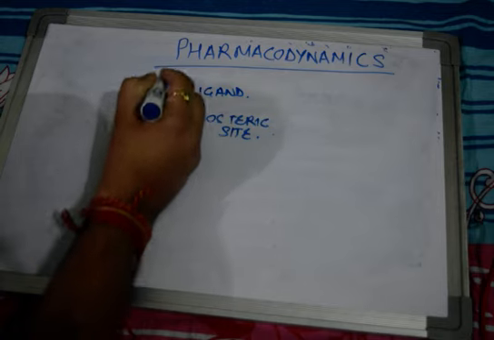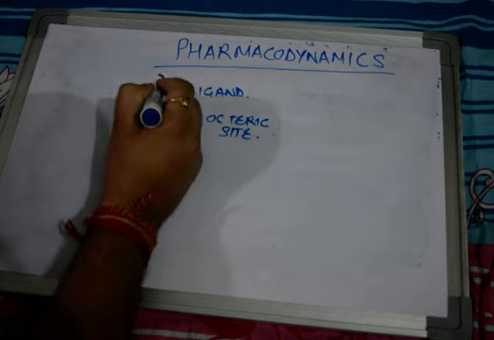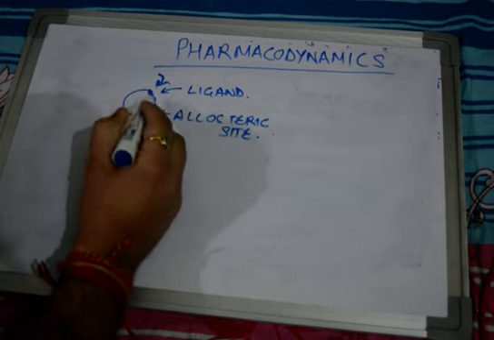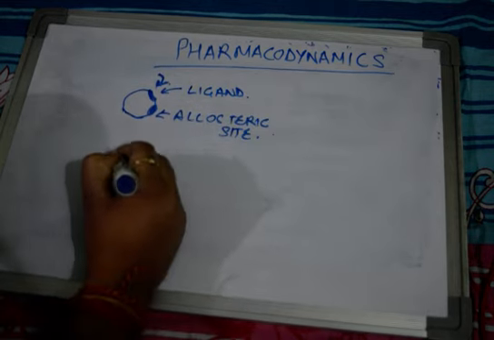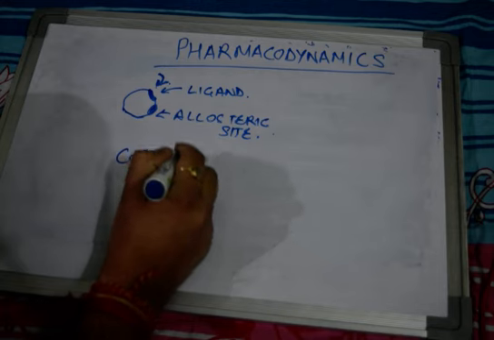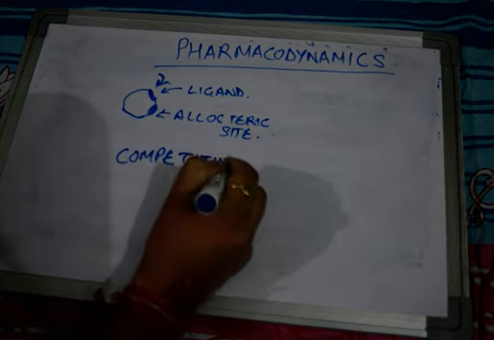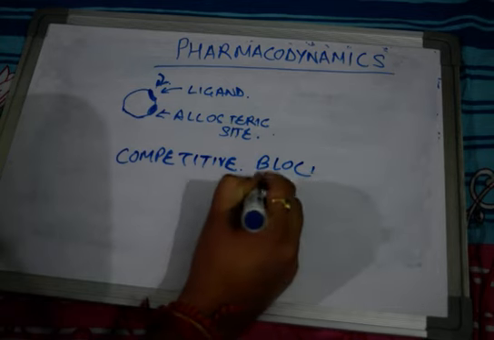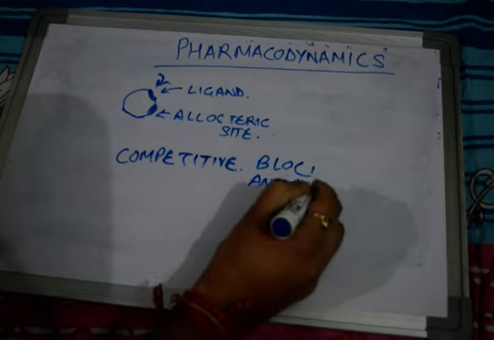If the antagonist binds to the same site as that of the ligand, we call it a competitive blockade or competitive antagonist.